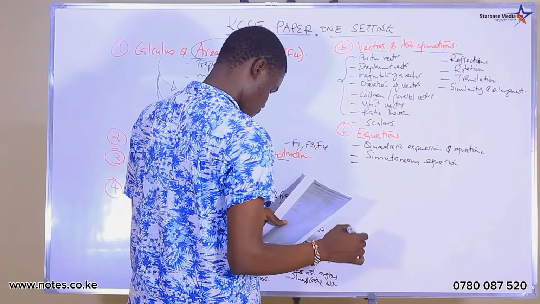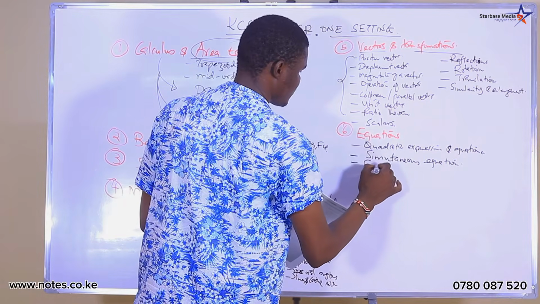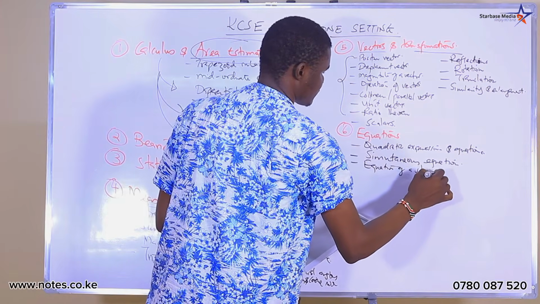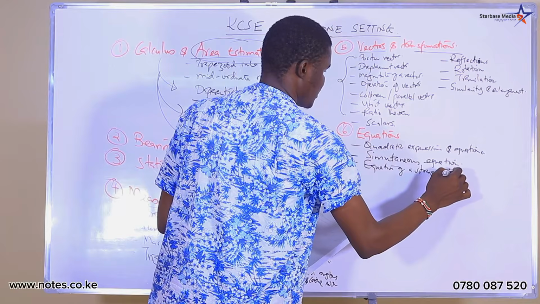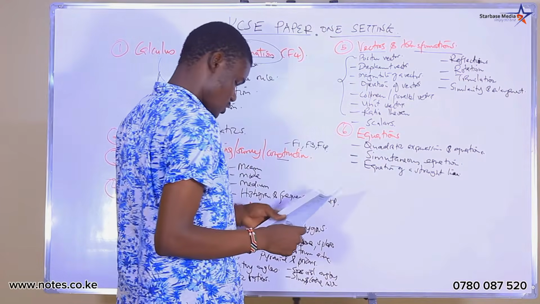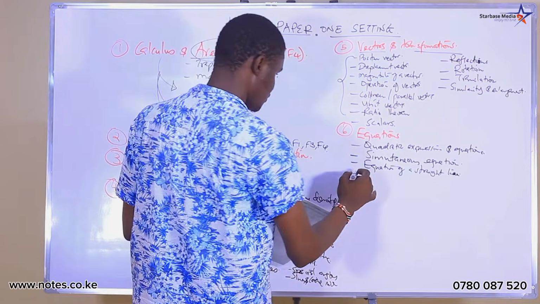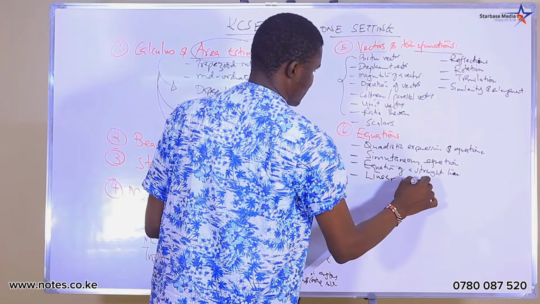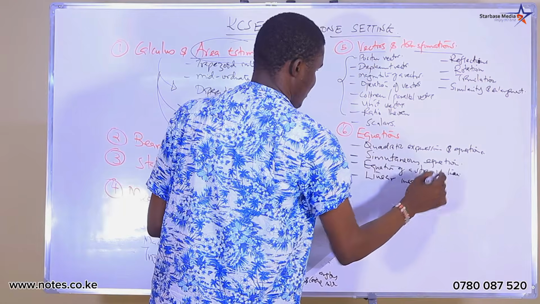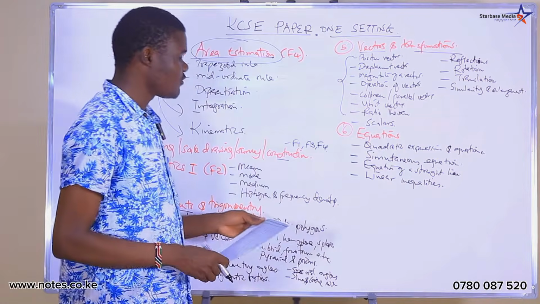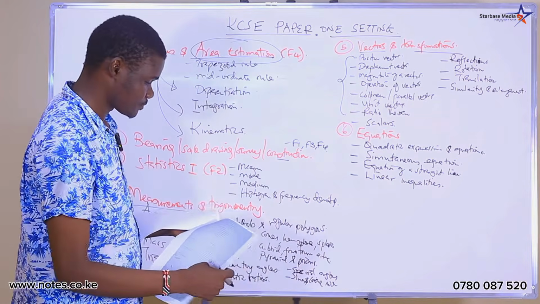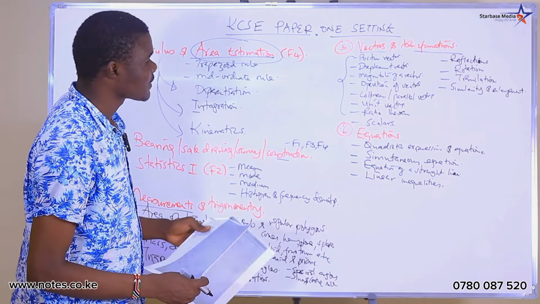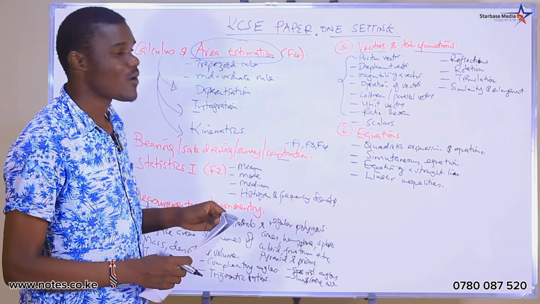Then we move to equation of a straight line, is a Form 2 topic. You will also look at linear inequalities. Form 2 again. And this forms the bulk of paper 1, equations.